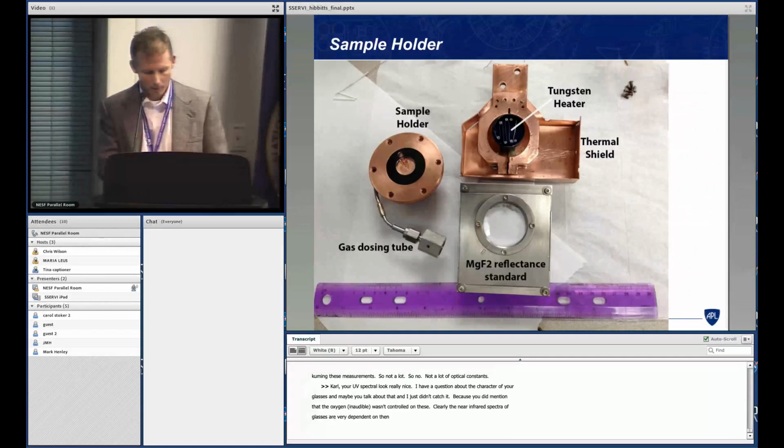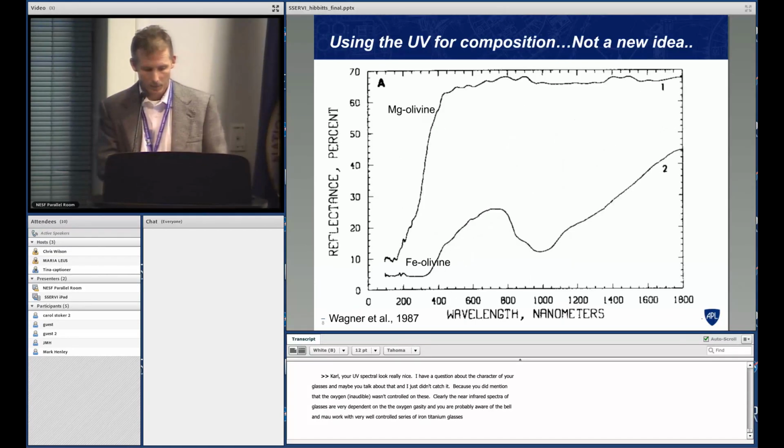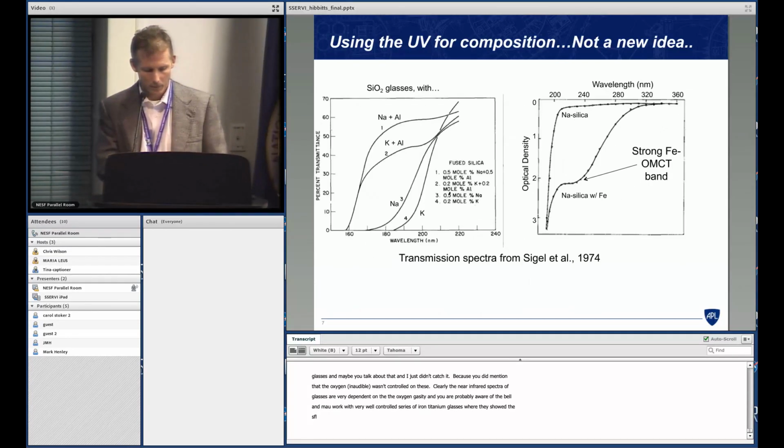And you're probably aware of the Bell and Mao work with a very well-controlled series of iron-titanium glasses, where they showed the absorption properties and the charge transfer properties at the 400 nanometer wavelength. So how do your glasses compare to their glasses?